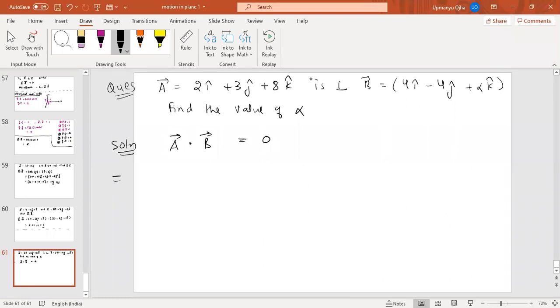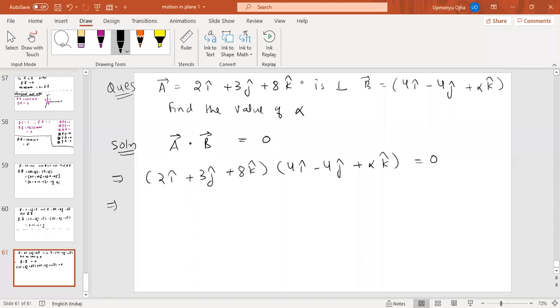Write down A, that is 2i cap plus 3j cap plus 8k cap. B is 4i cap minus 4j cap plus alpha k cap, equal to 0. Why can I write that? Because the angle between A and B is 90 degrees, so it should be 0 only.